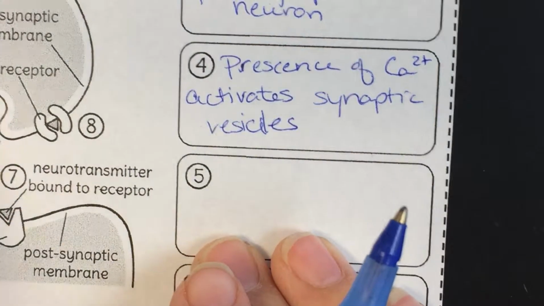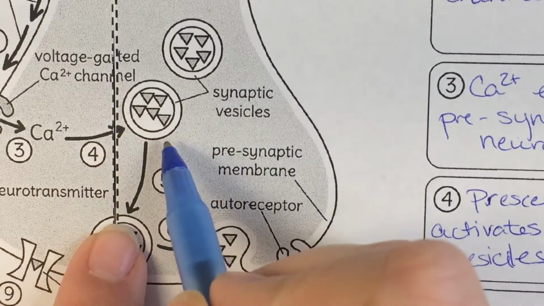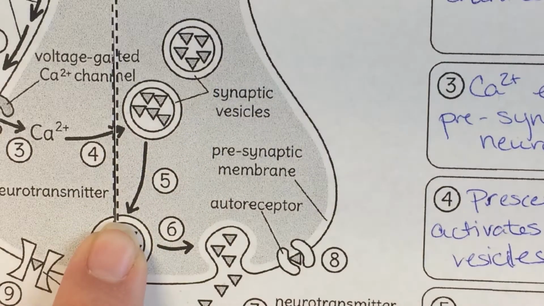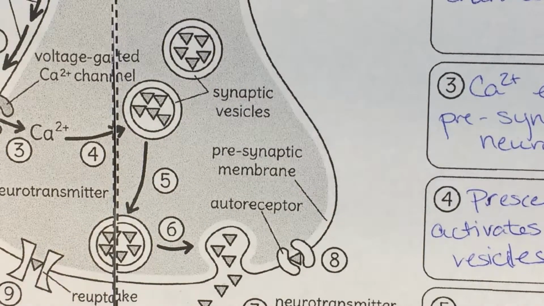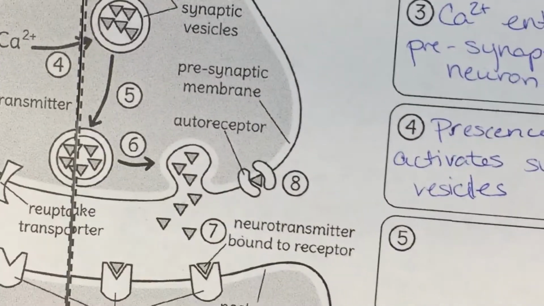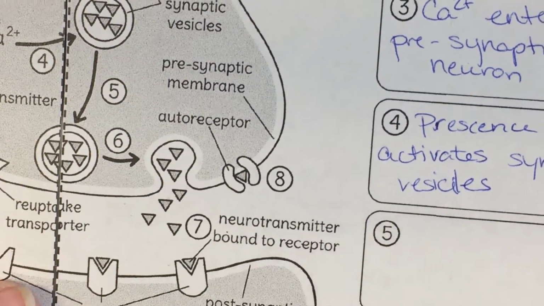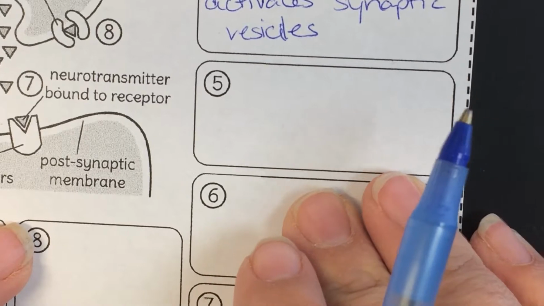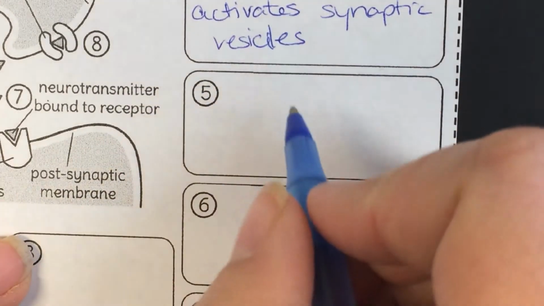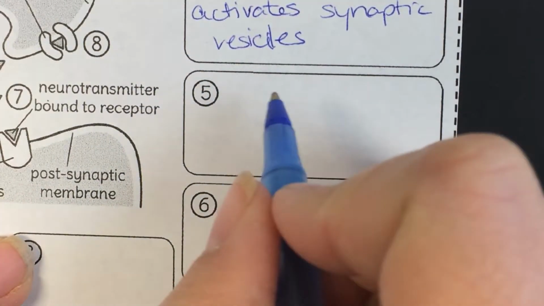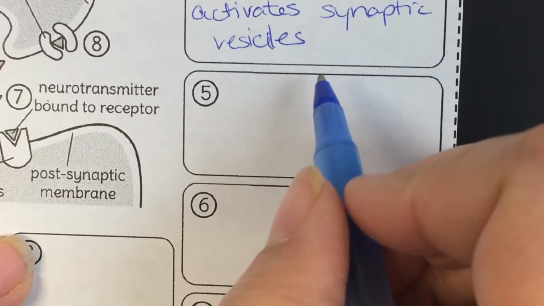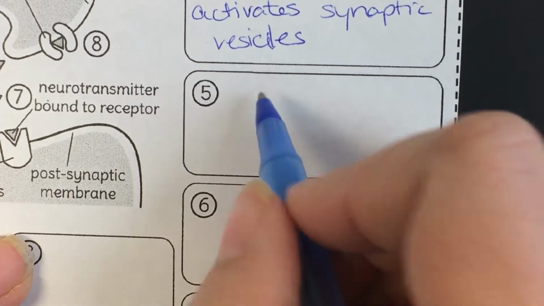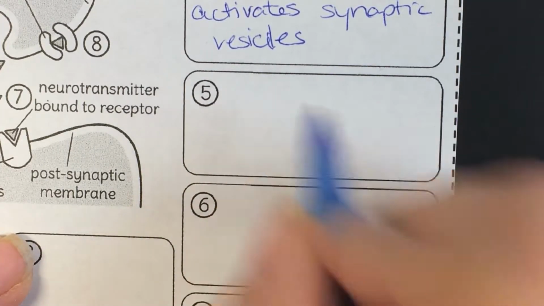So these little vesicles, inside these guys there's some pretty cool stuff called neurotransmitters. Like your acetylcholine, your dopamine, all those things that you hear about are located within those. And it's going to make those little guys move to the membrane of the presynaptic neuron. Sorry, I'm tongue-tied today.